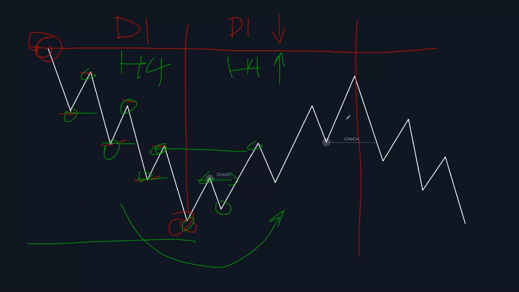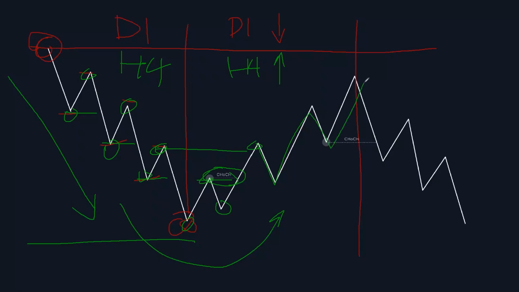Because this is your pullback phase on the daily. Can you follow? So what a change of character means is that it's giving you an early sign that this bearish move is now shifting, it's pulling back. It's not necessarily changing the entire structure, but it's shifting from bearish to bullish. So that's what change of character is.